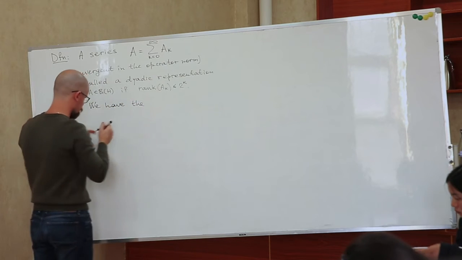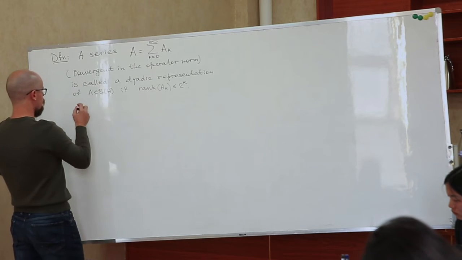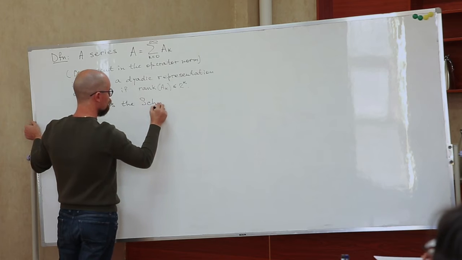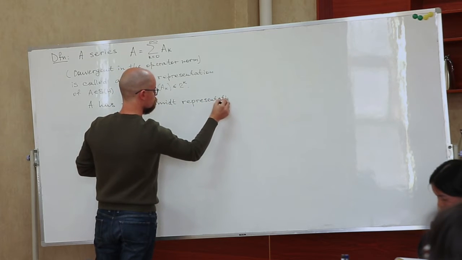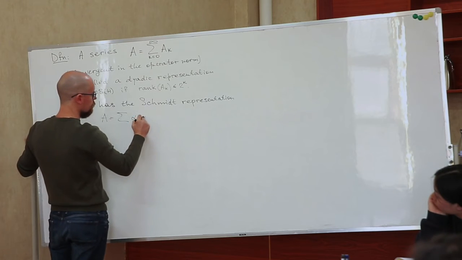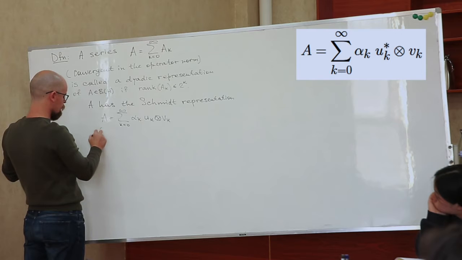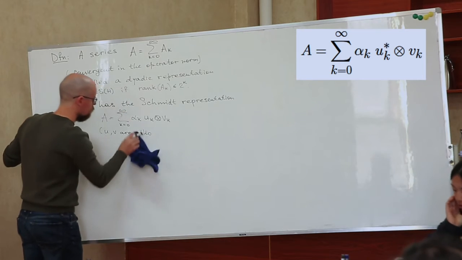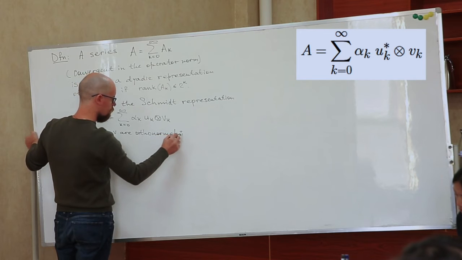A has the Schmidt representation: A can be written as the sum of some numbers alpha k times u_k tensor v_k, from 0 to infinity, where u and v are orthonormal sequences.